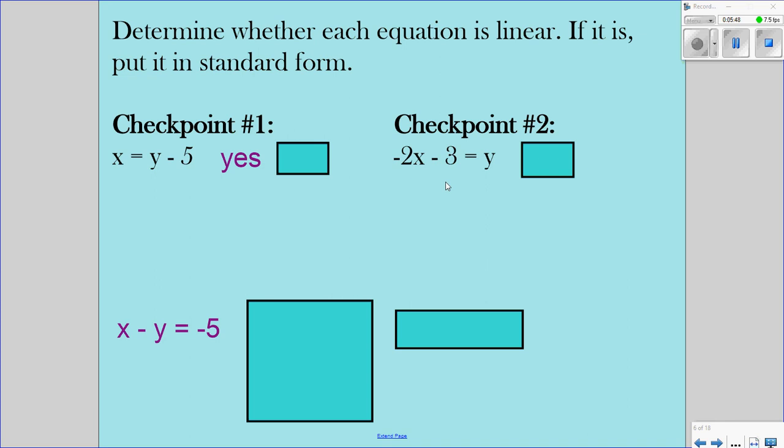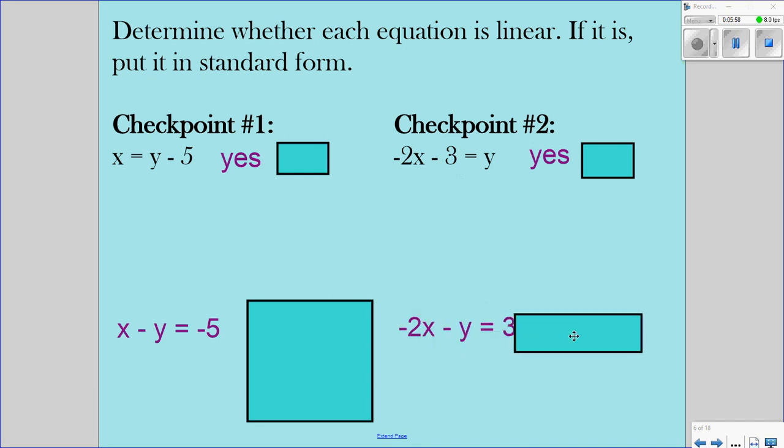All right, let's look at the next one. Is this a linear equation? Yeah. And then we need to write it in its standard form. So when we do that, we will have 2x minus y and then positive 3 on the other side. Basically, what I did was subtract y on both sides and then add 3 on both sides to get into this form.